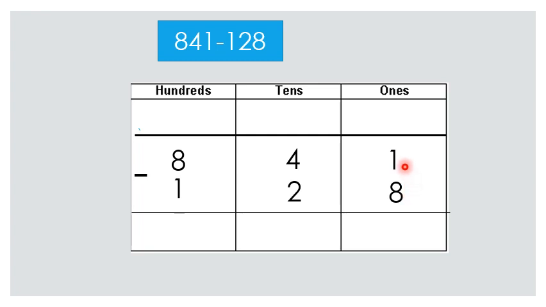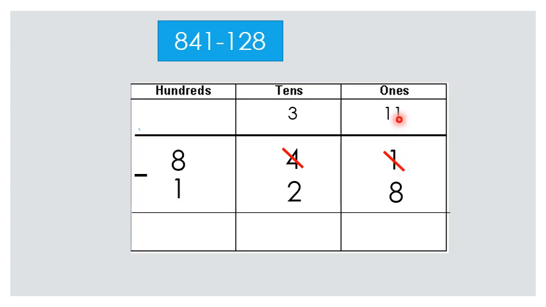The 1 will borrow 1 ten from the 4 tens. After giving 1 ten, the 4 tens become 3 tens. And after borrowing 1 ten, the 1 one becomes 11 ones.